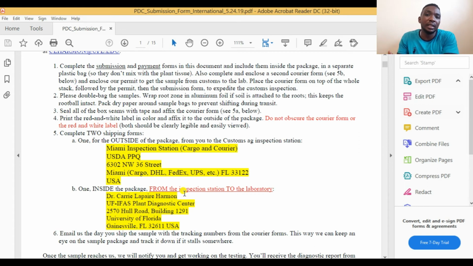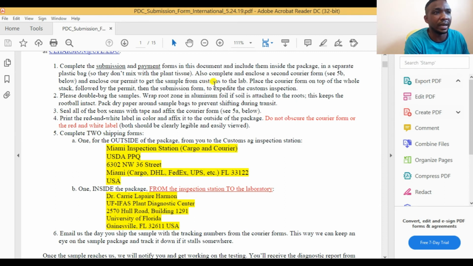I could not have filled out one airway bill, because here I needed one international airway bill or form to basically send the sample from Turks and Caicos to Miami inspection station. I need to fill out another one from Miami inspection station to the lab, right?